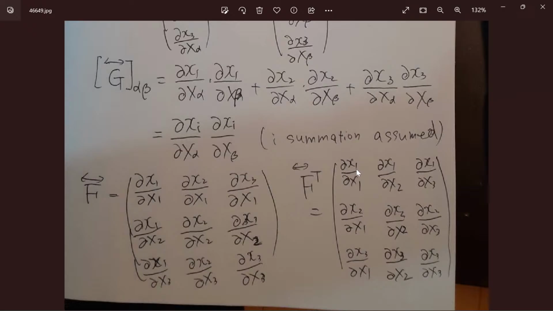So 1 2 2 3 3 upstairs, then downstairs, in this case, 1, because this is the 1 component. So let's see the 2 1 component. For 2 1, we go to this part, where you multiply this row and this column.